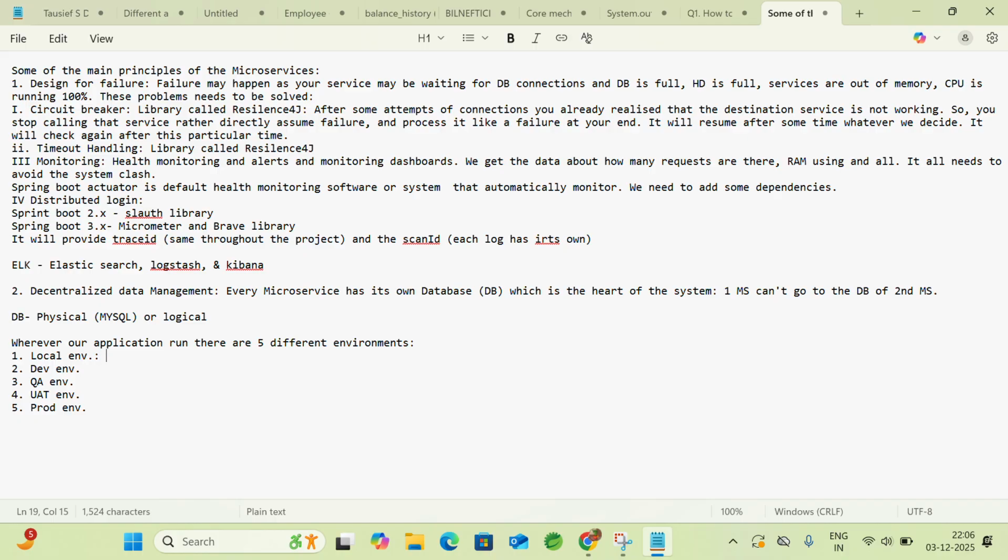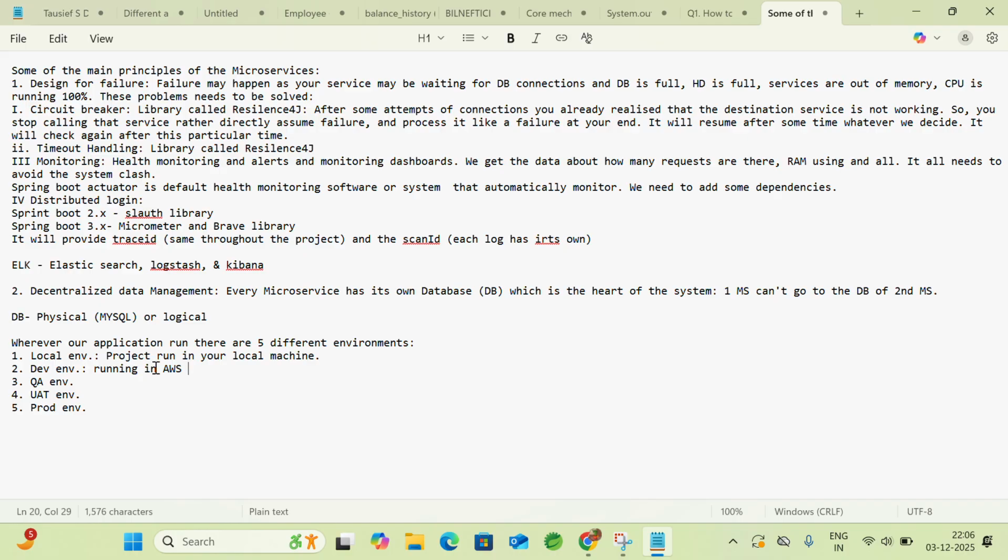Local environment is basically the project running on your local machine. The dev environment is when the project is running in AWS, where the developer will test.